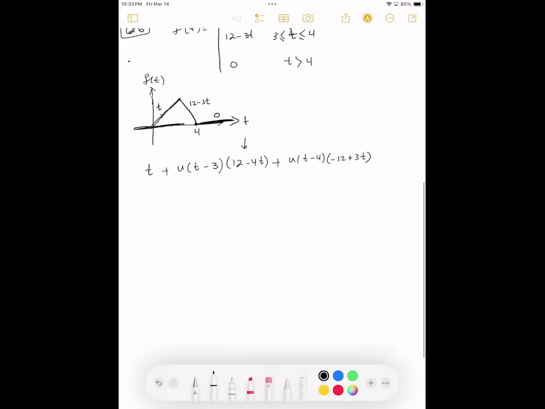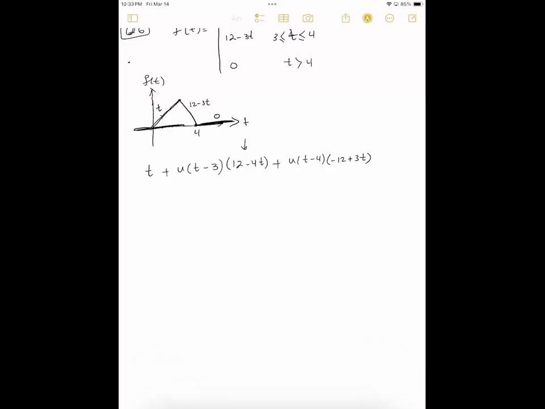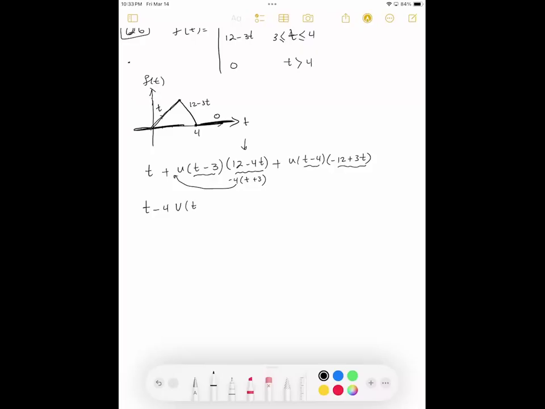So let's clean this up a little bit, because remember, you want this and this to match, and you want this and this to match too. So I'm going to factor a 4 from these two. Rather, I have to factor out negative 4 because I want to have a t minus 3. That gives me t minus 3, right? And I'm going to put that negative 4 over here. So I have negative 4 times (t minus 3) u(t minus 3).